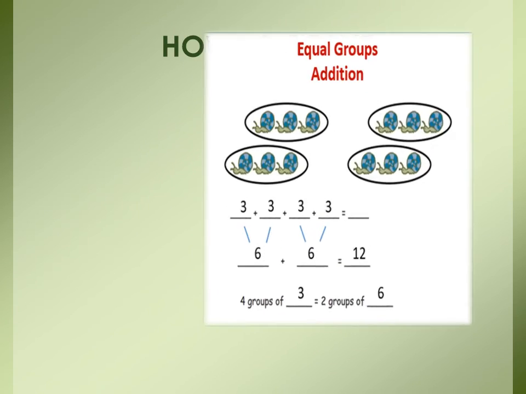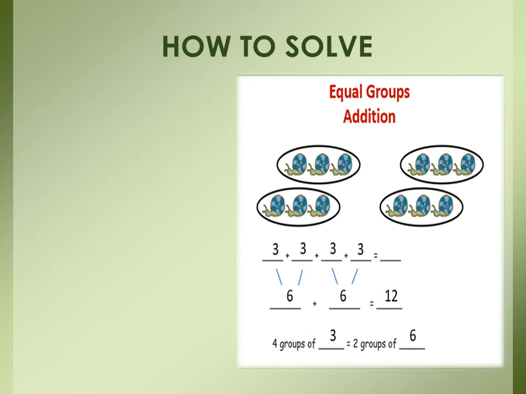Coming next to your how to solve. Students, here you can see in equal groups addition, we have different numbers of groups, but we are having an equal number of objects.